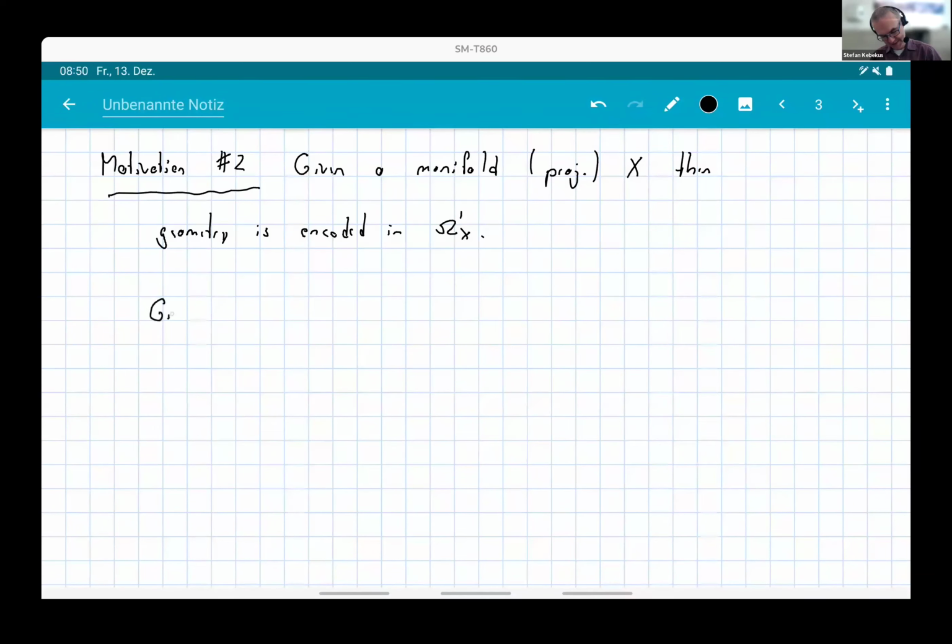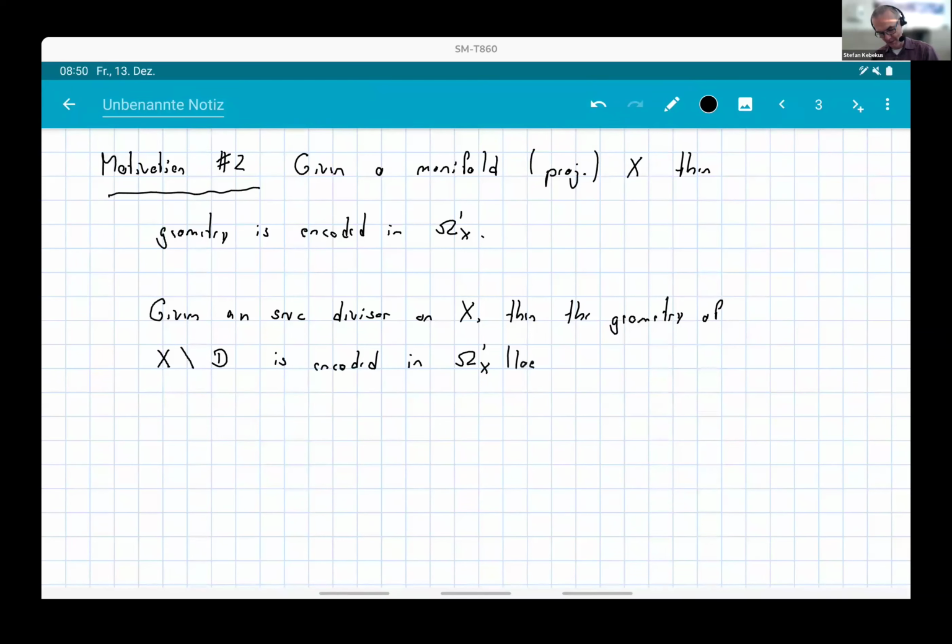Then it's classically known that given an SNC divisor on X, then the geometry of X minus the divisor, though this is now a non-compact manifold, is encoded in omega 1 X log D.